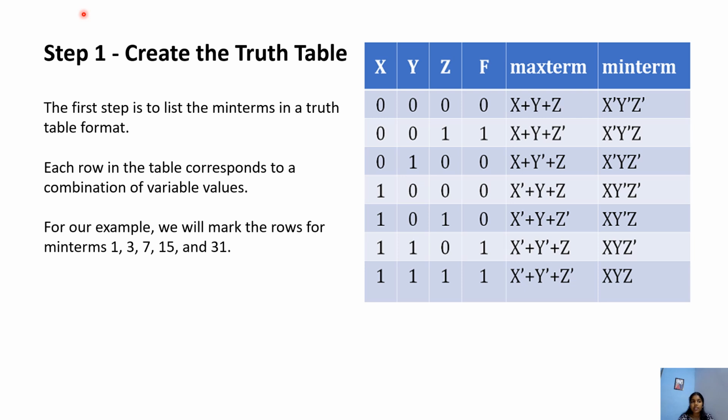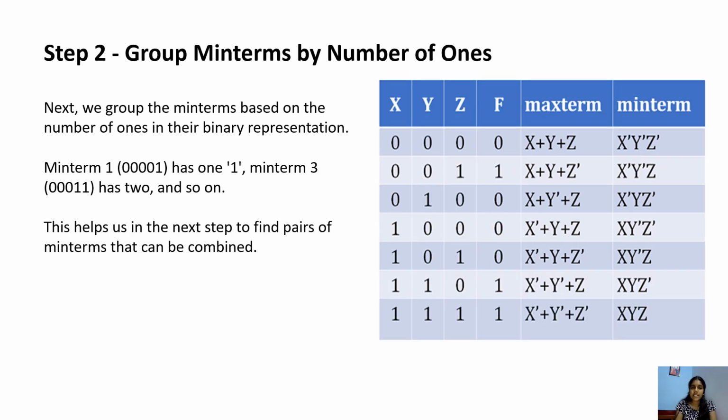The next step is to group minterms by number of ones. After writing the truth table, we have to group them by the number of ones in their binary representations. For example, minterm 1 is 0 0 0 0 1, it has one 1.